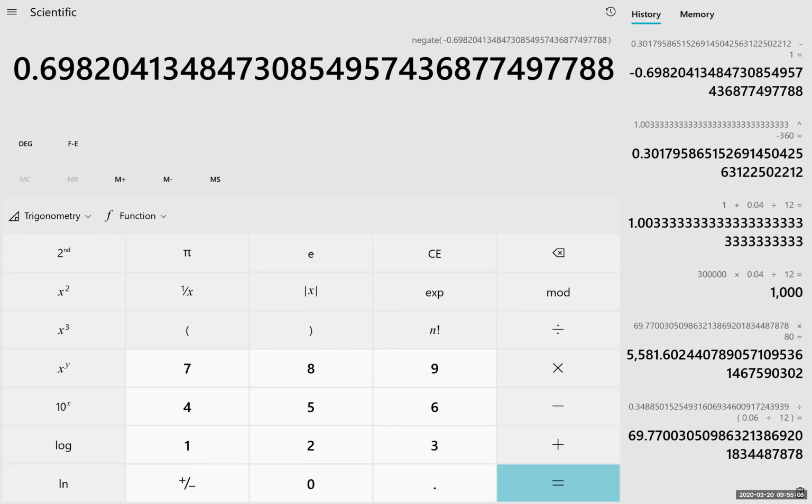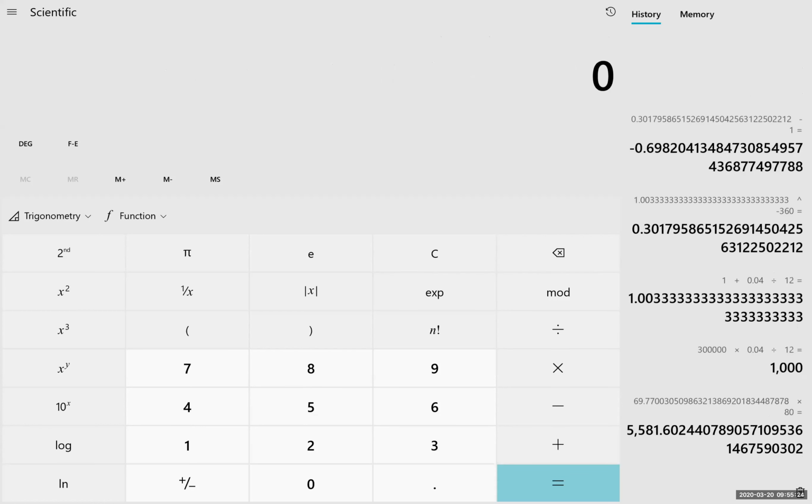And so that number happens to be 0.69820413 and so on. Go ahead and maybe you can write down the first 7 or 8 digits of this. And then I'm going to go back to the beginning.